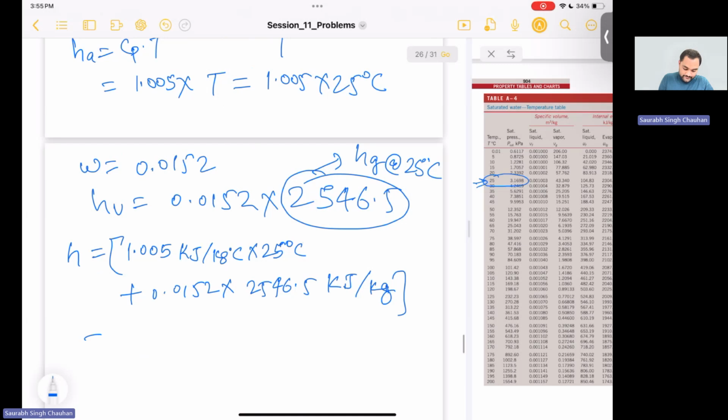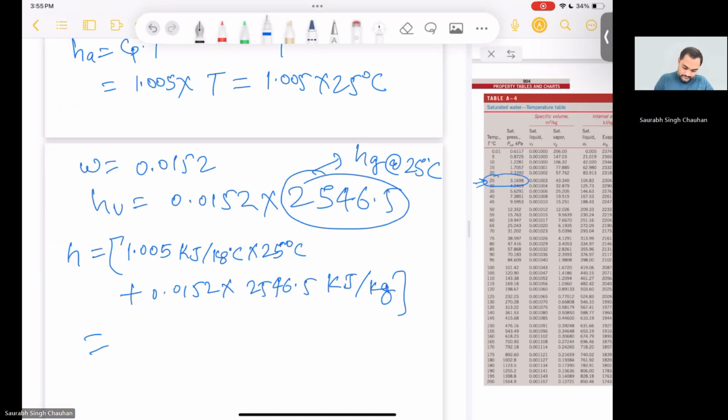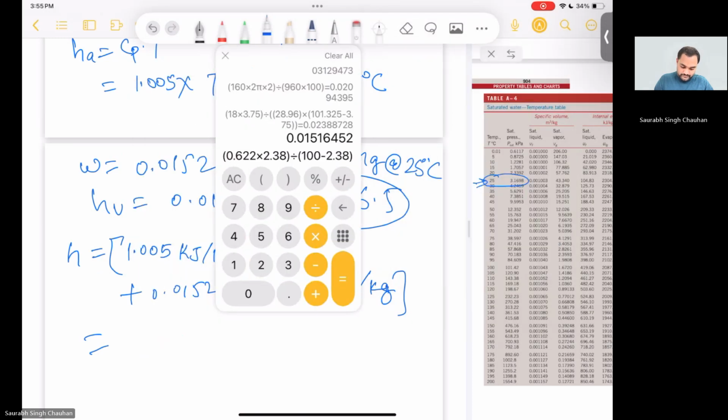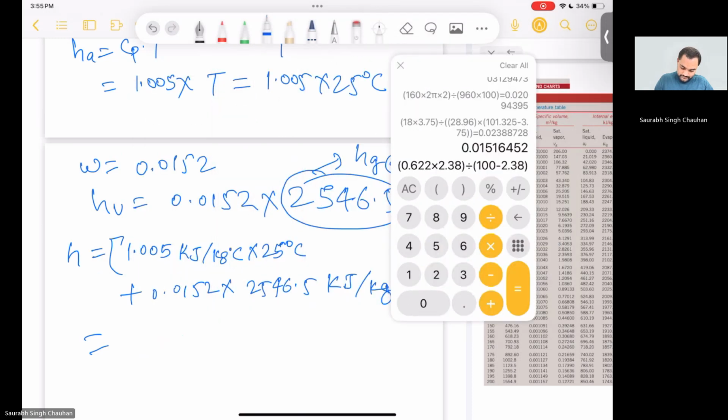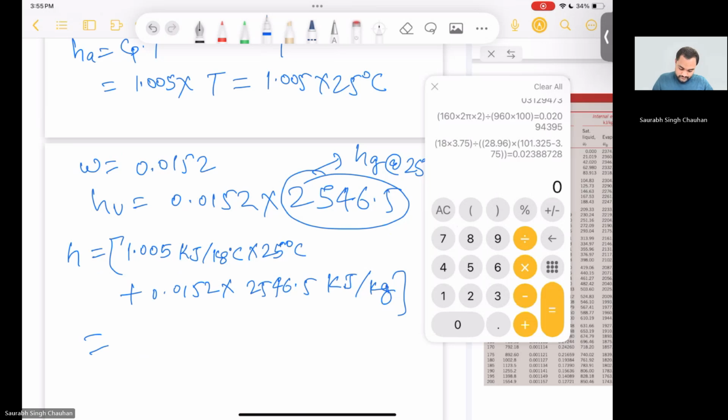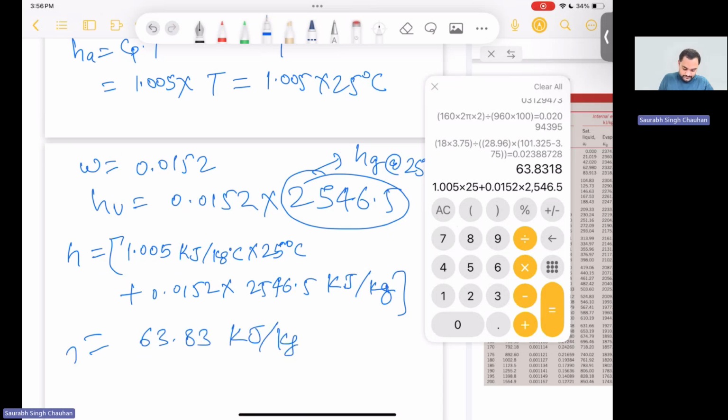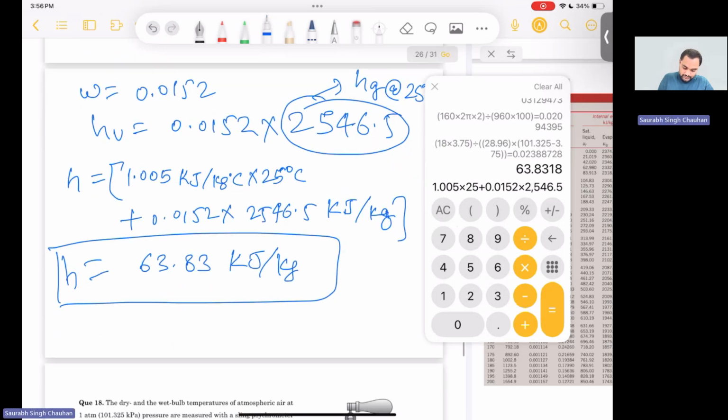If you calculate this value, it is coming out to be 63.83 kilojoule per kg of dry air.